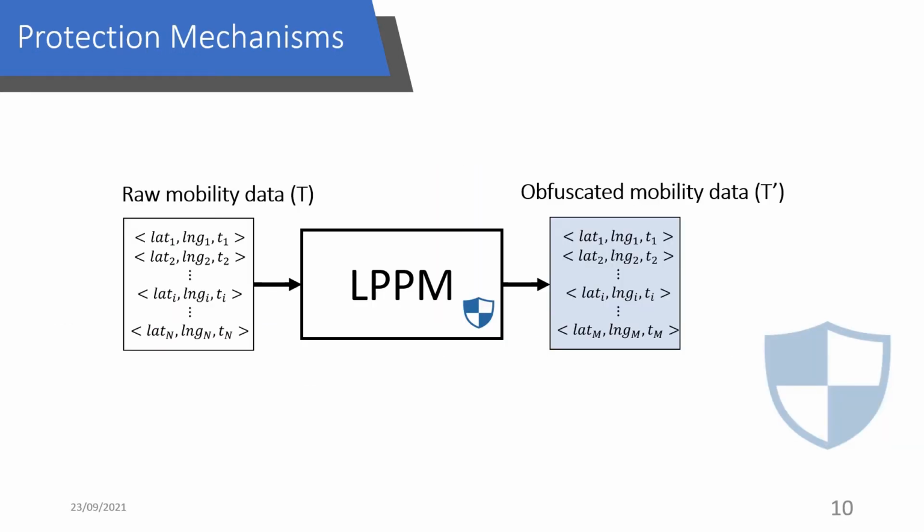In order to mitigate these threats, many location privacy protection mechanisms, LPPMs, have been proposed in the literature. An LPPM is defined as a function that takes as input one or multiple mobility records and produces an obfuscated version of the data. For that purpose, many techniques are developed.